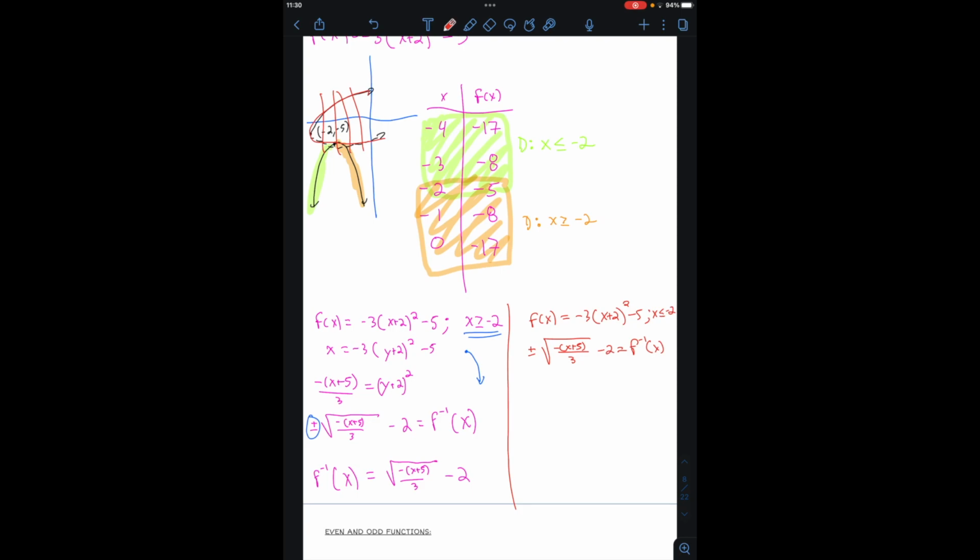Here's the positive root, and here's the negative root. And because we're to the left of the parabola, that's going to correspond to the negative part of the roots here. And so we will say negative square root of (-x + 5)/3 minus 2 is f inverse x. Okay, and that is sort of the gist of things.